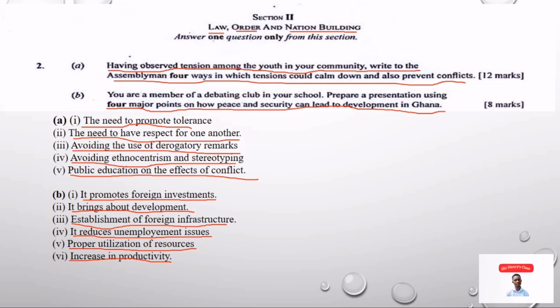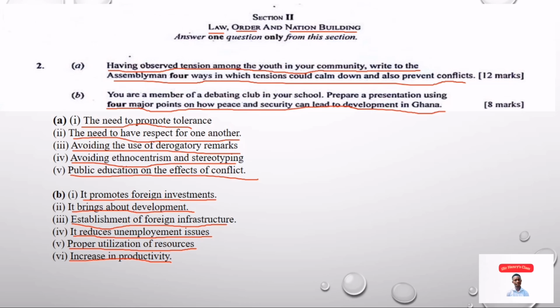Proper utilization of resources. When there's peace and security, it ensures that resources are utilized wisely. We don't destroy them, we don't cause harm to them, but we use them wisely. Since there is peace and security and tolerance also prevail, the ideas and the views of people will be encouraged.